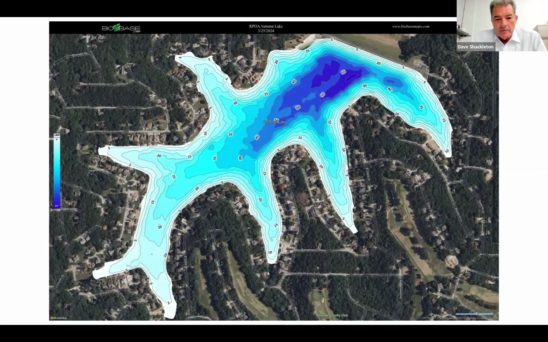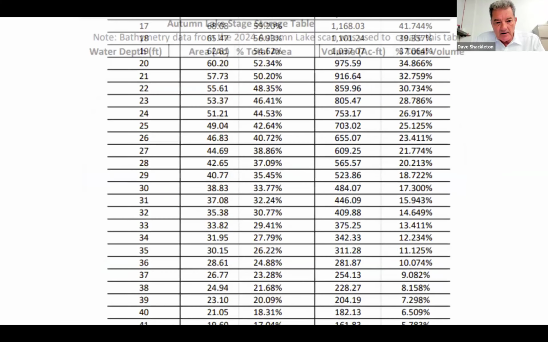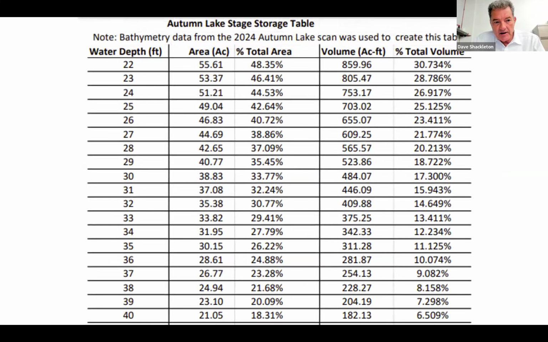How does that relate to Autumn Lake? Well, what we do is from that bathymetry, create a chart like this, which allows us to calculate at each depth.